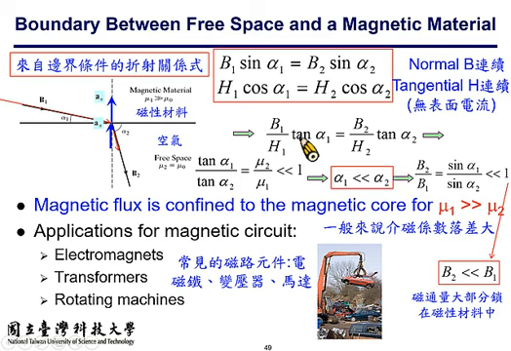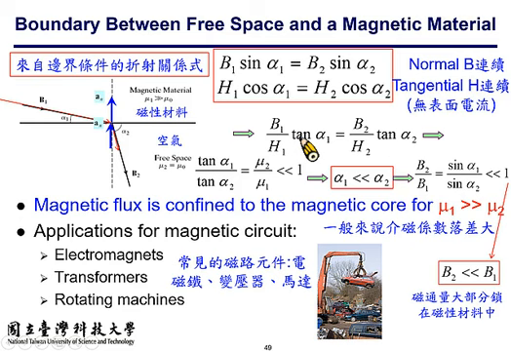Because mu2 is air, which equals mu sub 0, and mu1 is the permeability within a magnetic material, which is much, much greater than mu sub 0, about 1,000 times larger, this ratio is around 0.001 or something smaller. So it's much, much smaller than 1.